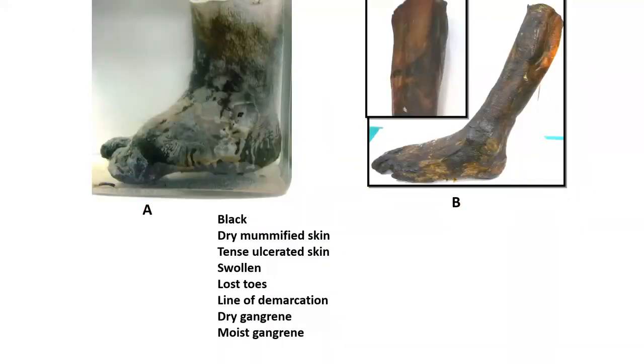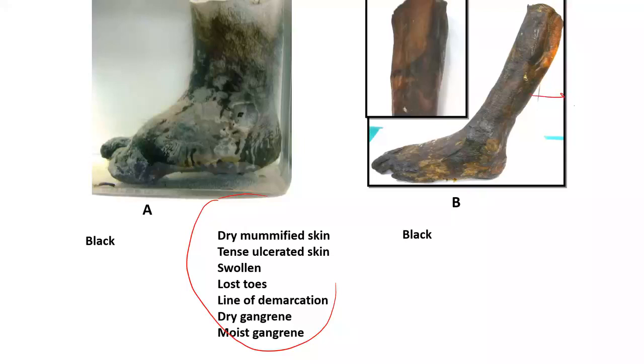Look at this picture. We are going to choose from these morphological features what suits A and what suits B. First of all, which of these is black, A or B? Both. Which has dry mummified skin? Look at this one.